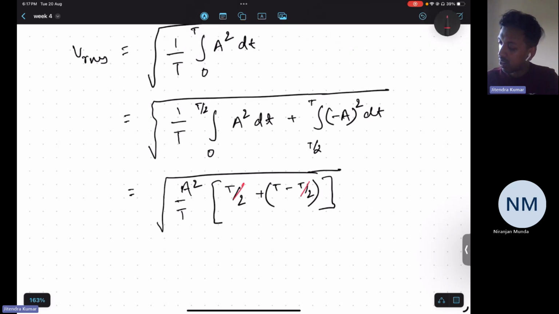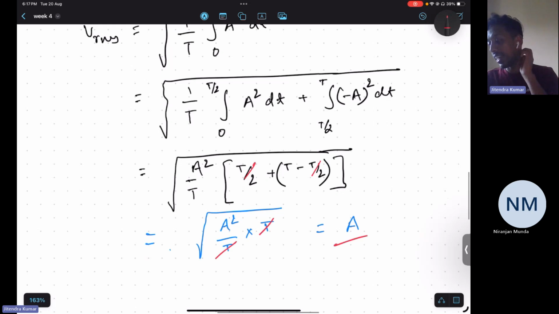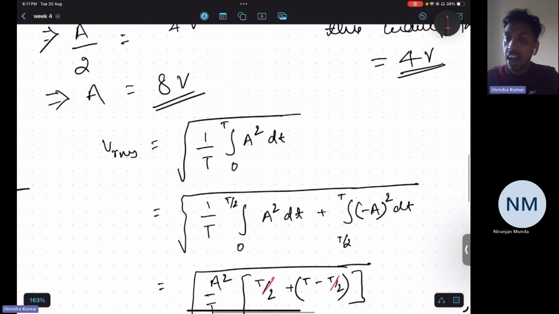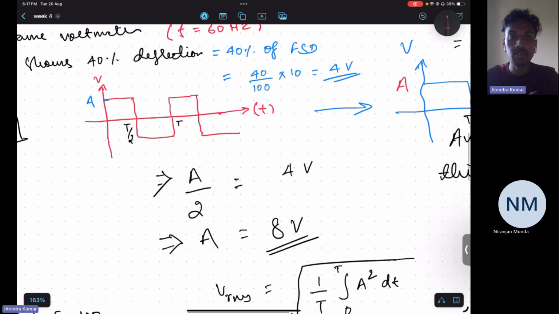So this will cancel out and we have under root A square by T into T, which will be equal to A. So the RMS value is A. I hope you got it. Now, if the RMS value is A, its peak value is also A. That is very important in a square wave voltage, right?